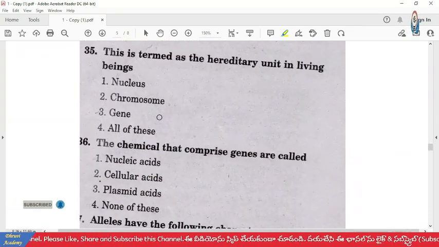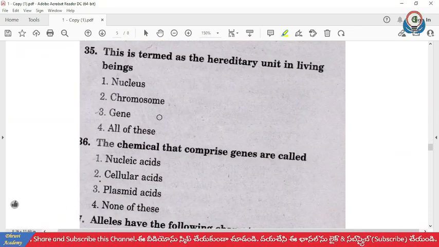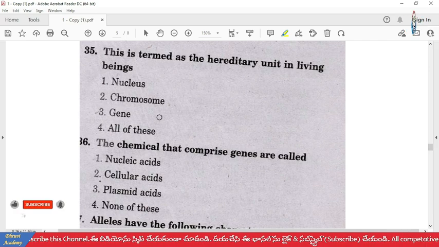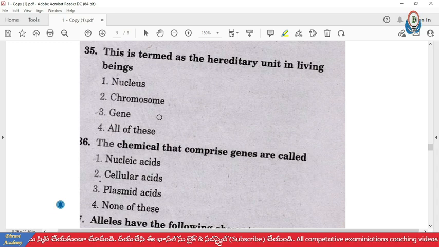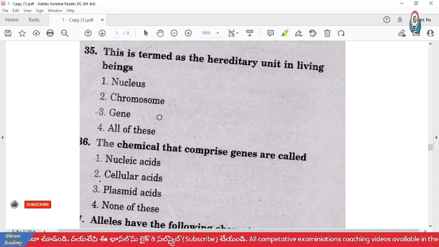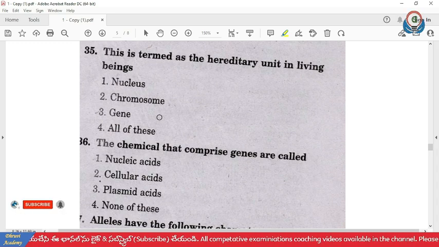This is termed as the heredity unit in living beings. Is it one, nucleus, or two, chromosomes, or third, genes, or fourth, all of these? The answer is gene.